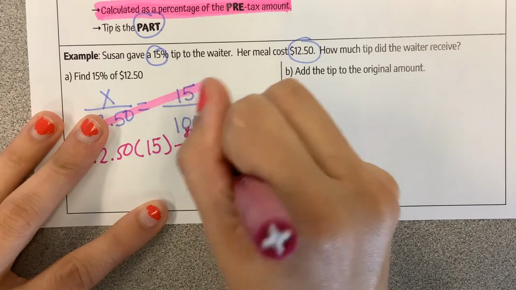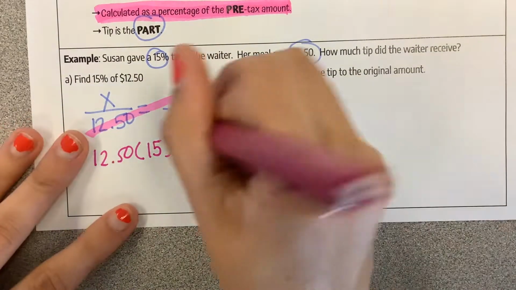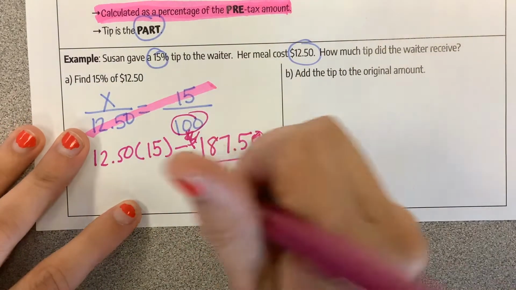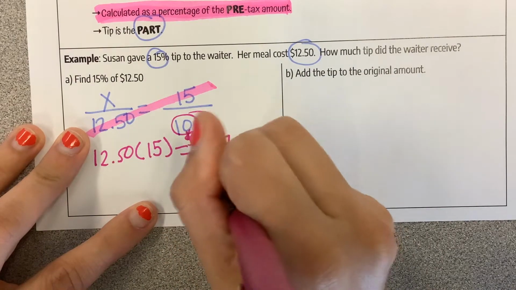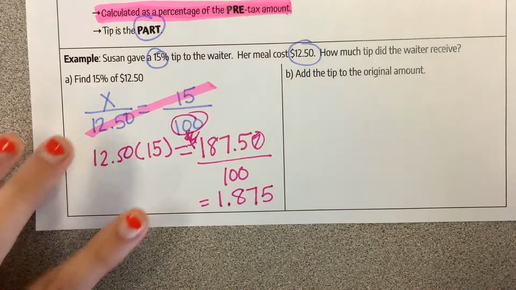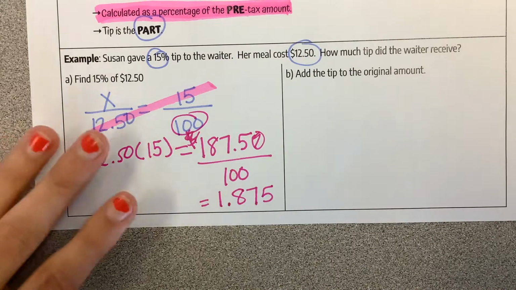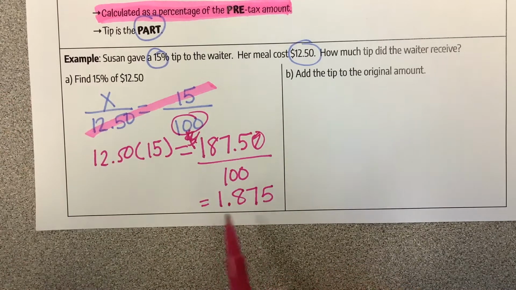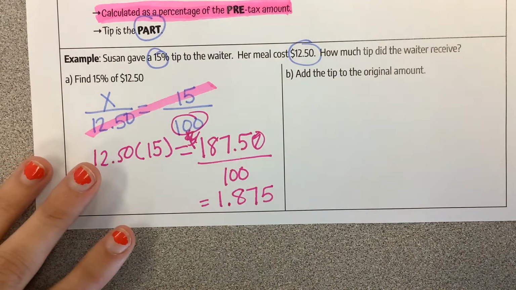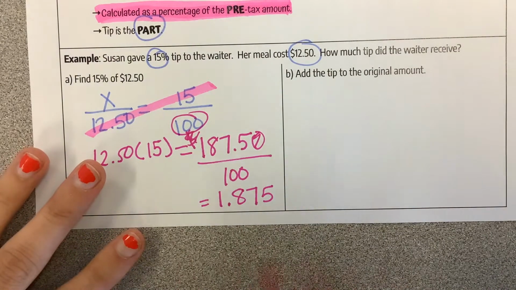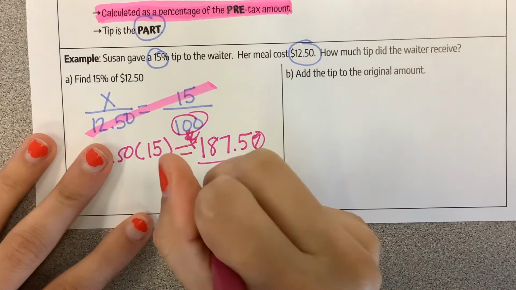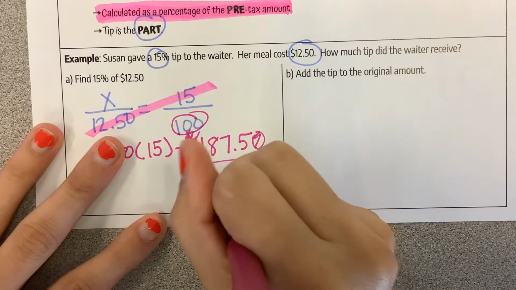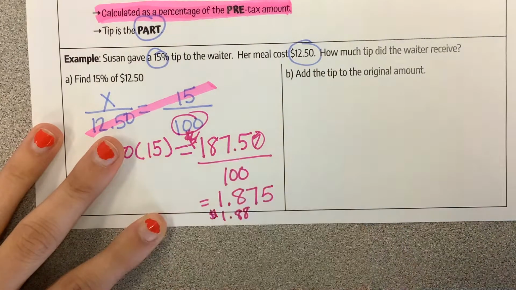Dividing this by 100, because that's the number in the same diagonal as the variable. So this gives us 1.875, okay? If we're actually calculating that, we're not gonna say it was $1.875. We would round. So I'm gonna write this as $1.88.